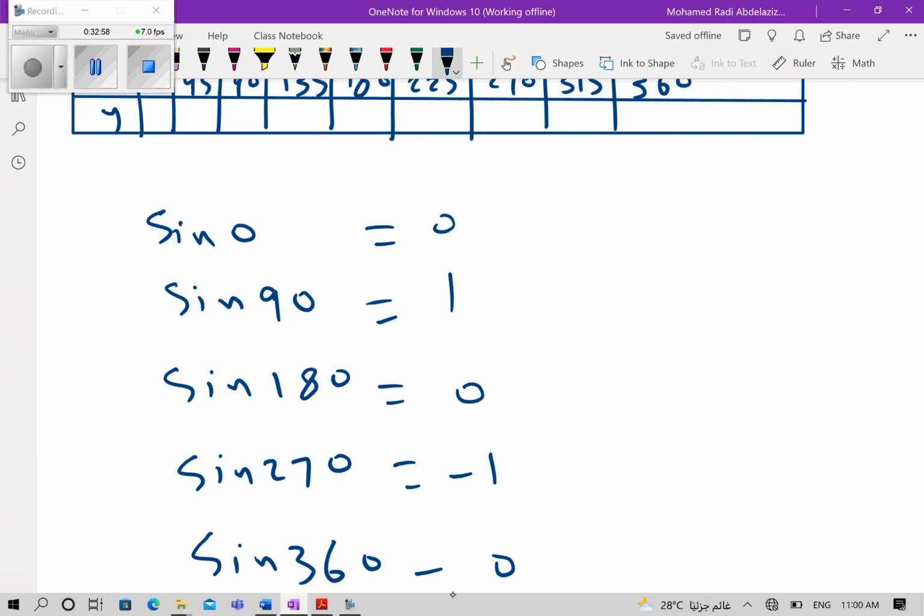What about the graph of the reciprocal? Reciprocal switches between the numerator and denominator.